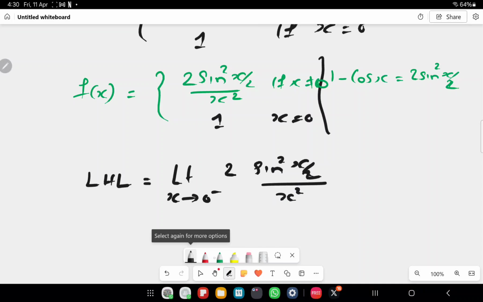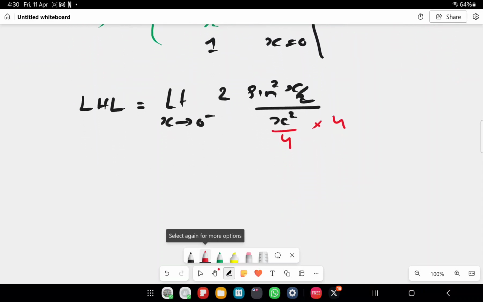What I do is, I want a by 2, but I will use by 4. The reason is, when I square the function, I need a 4 to get a 2. So I will be multiplying a 4 like this, in the numerator and in the denominator. You see the manipulation. When I write the next step, you will get a better idea.